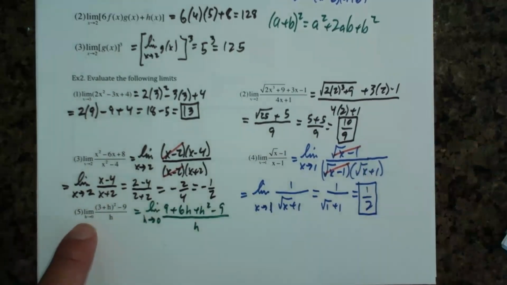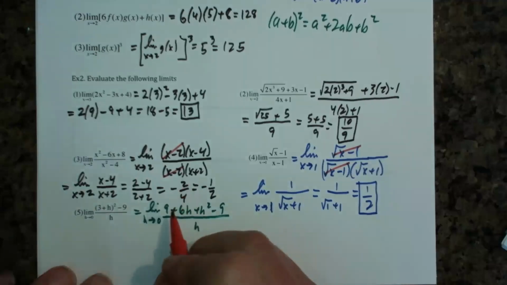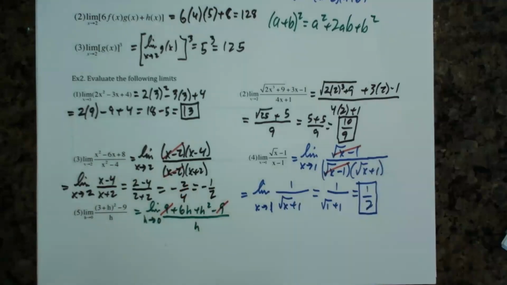And again, you can see if I plug in h equals 0, now I'm again dividing by 0, which is obviously a problem. But you'll notice here, when I FOIL it out like this, the 9s in this case are gone.